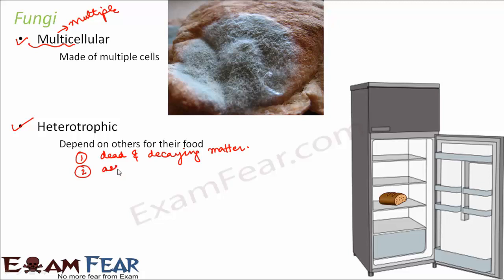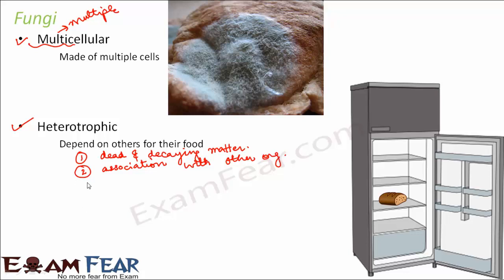As I mentioned before, fungi may live in a mutual association with another organism, where the fungi also help that organism in some way, and that organism provides food to the fungi. So that is another way of getting food from other organisms.